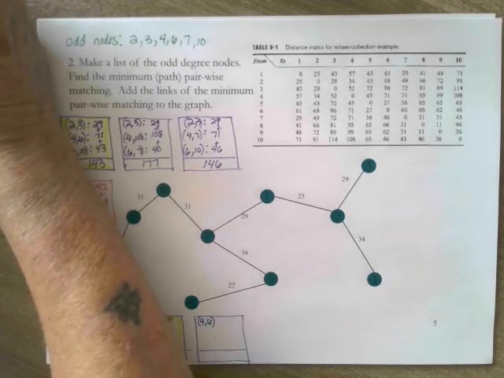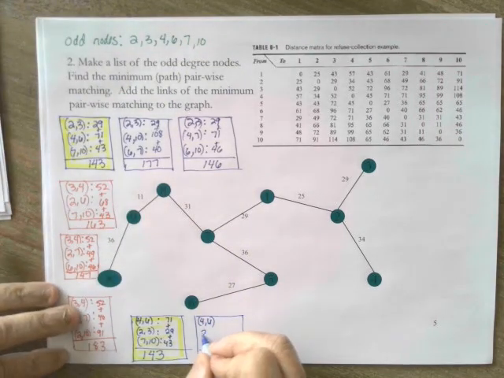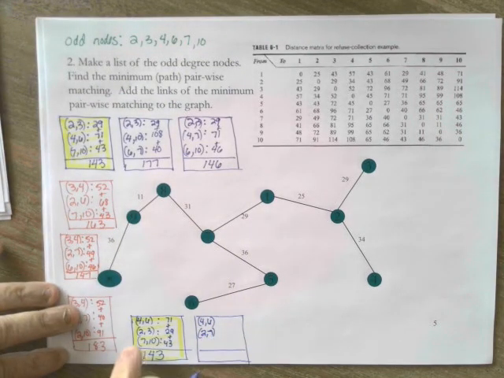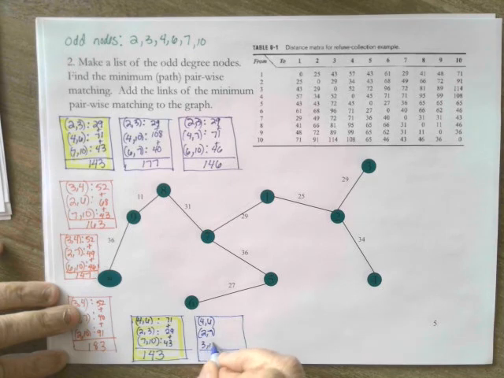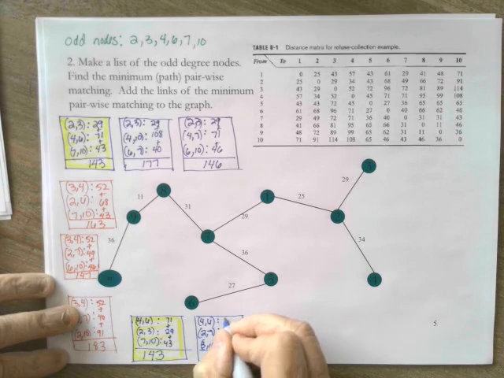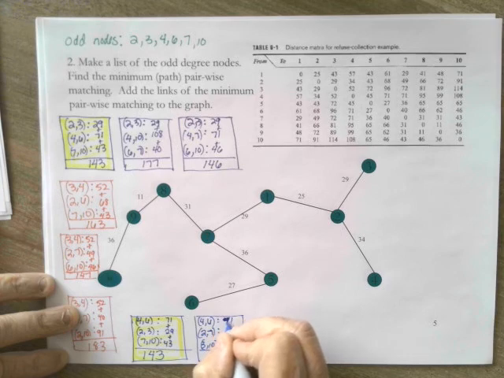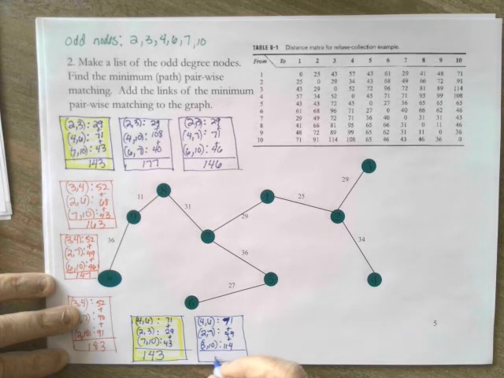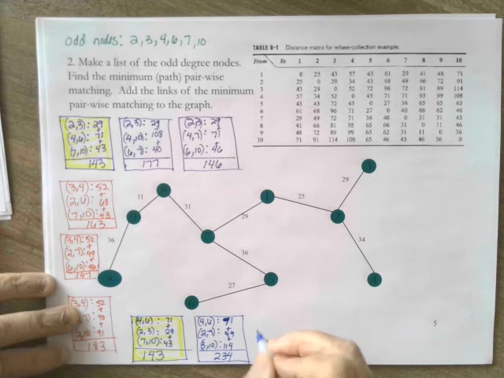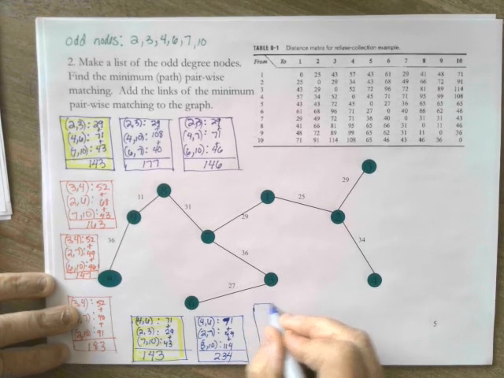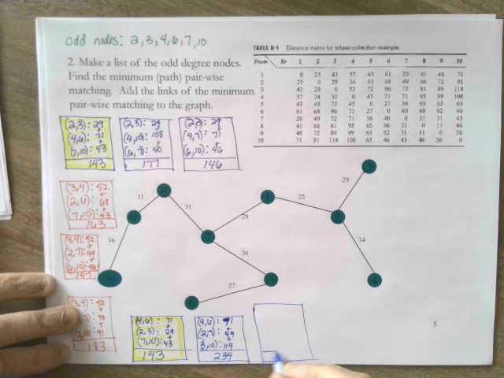Then the next one, we could have 2 and 7, which leaves 3 and 10 left. And then I'll have 71 plus 49 plus 114. That's a 7 right there. And that works out to be pretty high, 234. And then my last one that I can do, starting with 4 and 6.